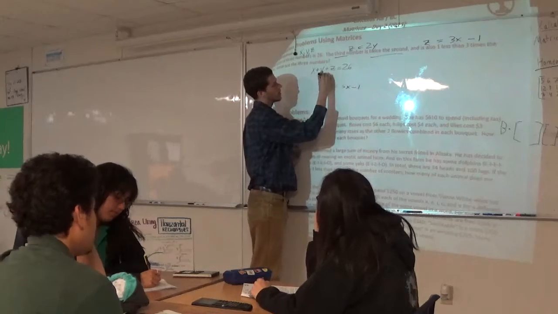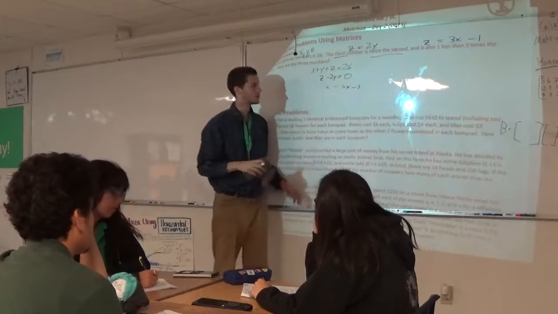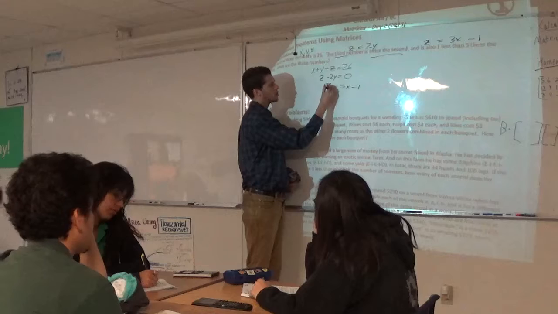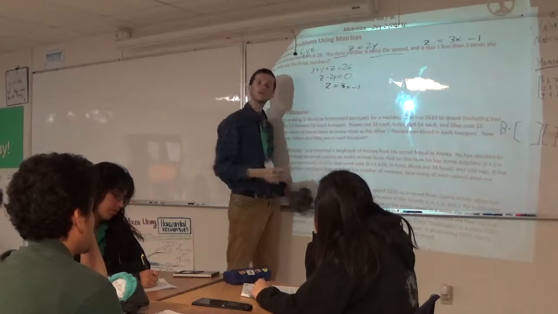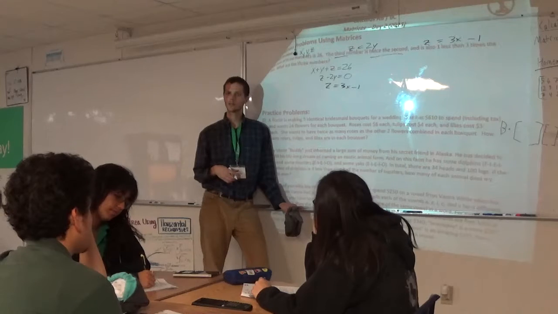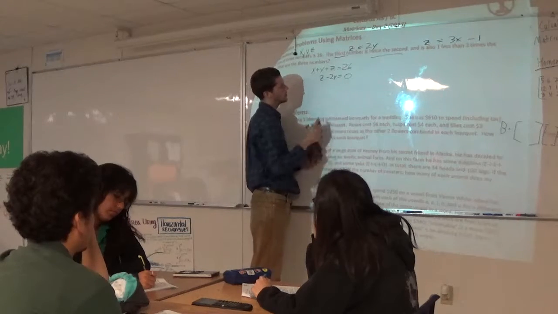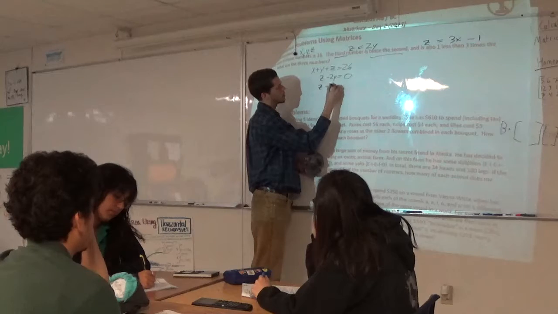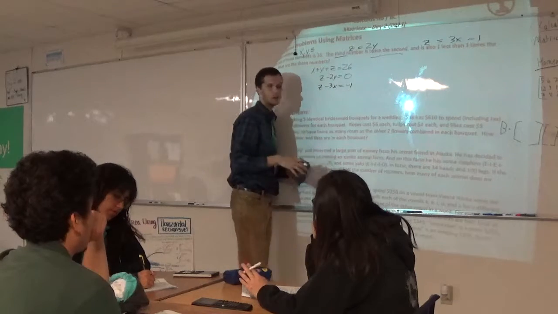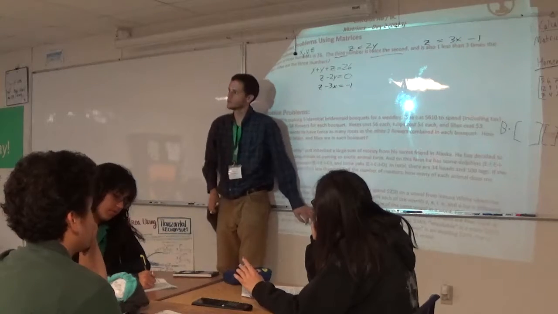I could say z minus 2y equals 0. And then for this bottom equation, you don't want the 1. Z minus 3x equals negative 1. Now we have numbers all on the right side. So now what?